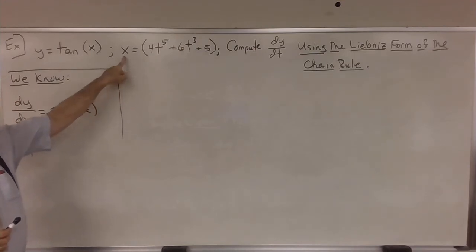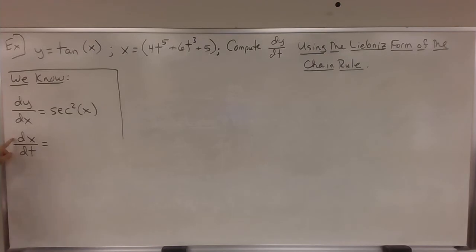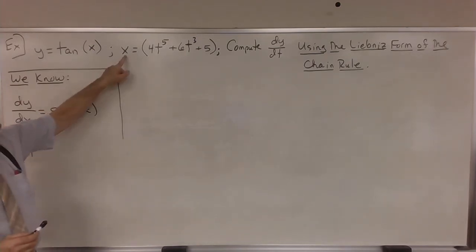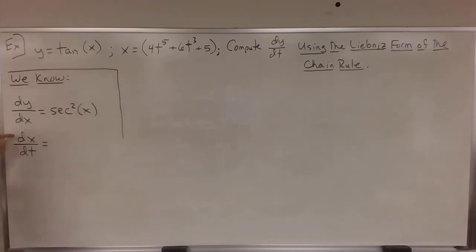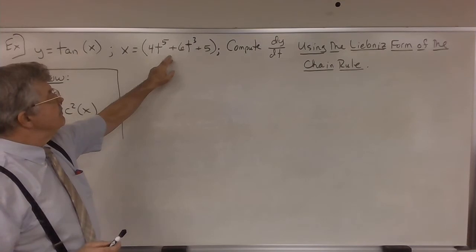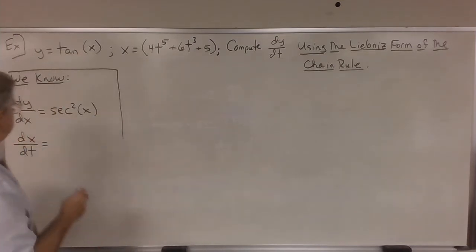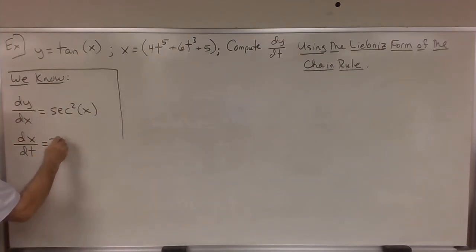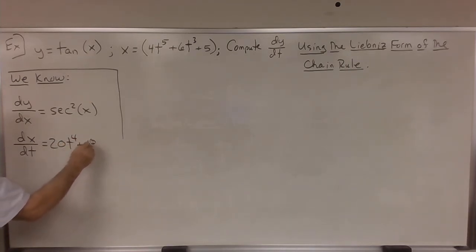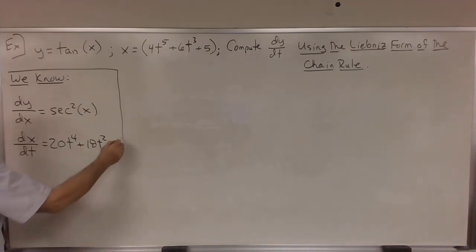The derivative of this side of the equation as a function of t is dx/dt. The derivative of x as a function of t is dx/dt. The derivative of this side of the equation as a function of t, 20t to the fourth plus 18t squared. Yep, I guess that's it.